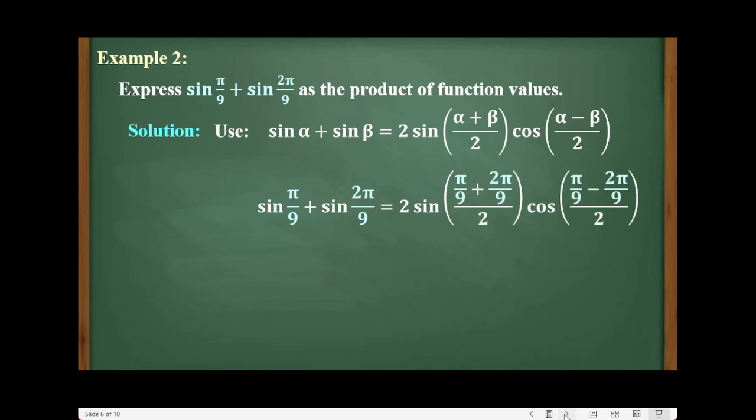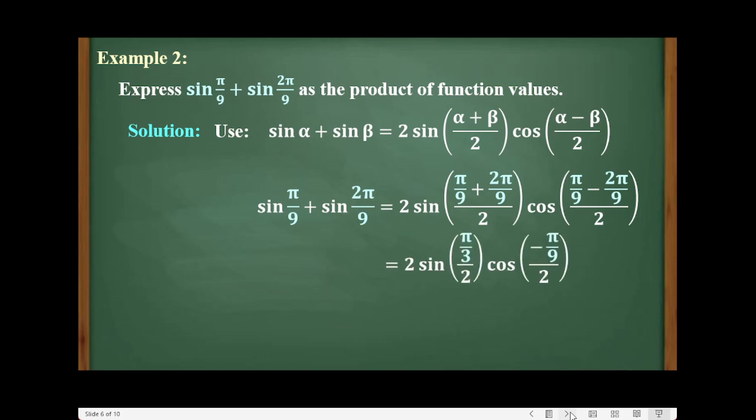Applying the formula, alpha here is pi over 9 and beta is 2 pi over 9. That is equal to 2 sine of quantity pi over 9 plus 2 pi over 9 all over 2 times cosine of pi over 9 minus 2 pi over 9 all over 2.